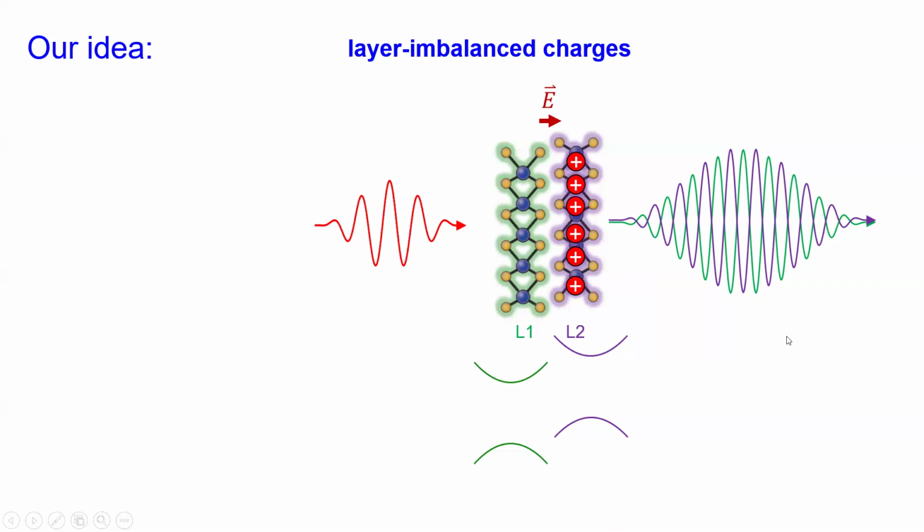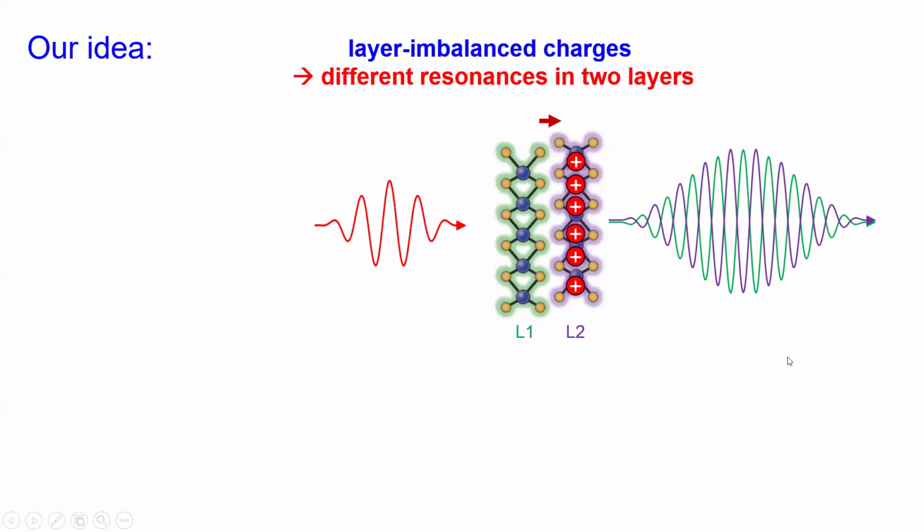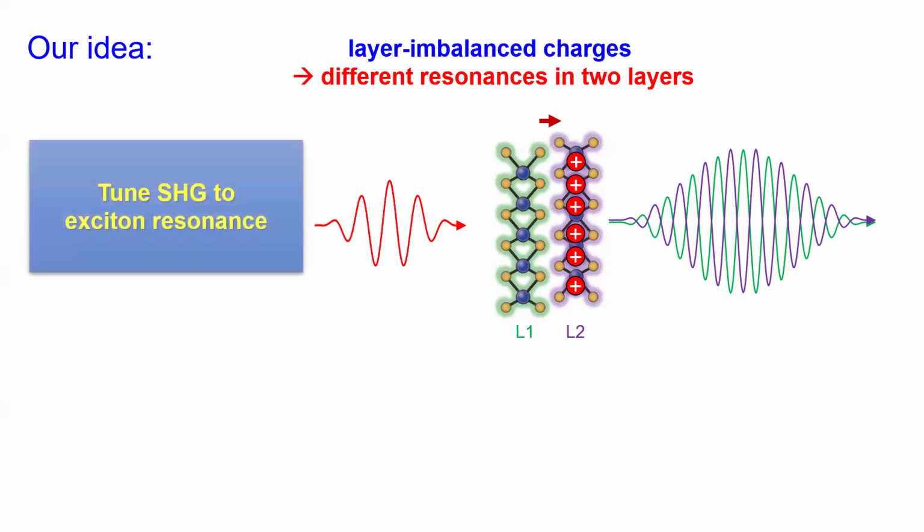The second step is that we apply the resonance effect. We try to tune the wavelength of the incident light and let the 2 omega resonate with the exciton signal. We know that in the TMD system, the exciton is a well-pronounced optical response, and each layer has its own intralayer exciton response.